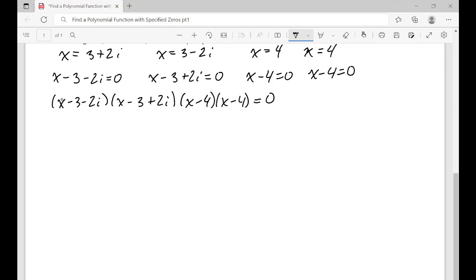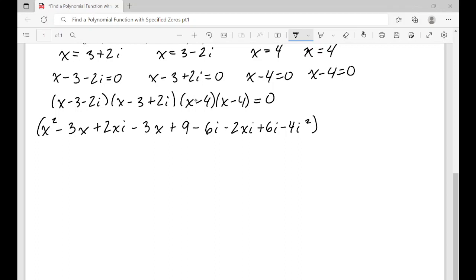So when distributing out the (x minus 3 minus 2i) by the (x minus 3 plus 2i), you are going to get x squared minus 3x plus 2xi minus 3x plus 9 minus 6i minus 2xi plus 6i minus 4i squared.